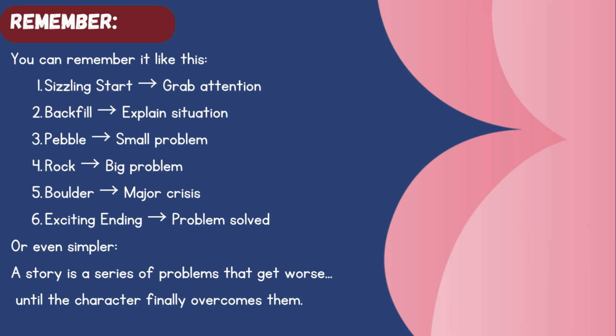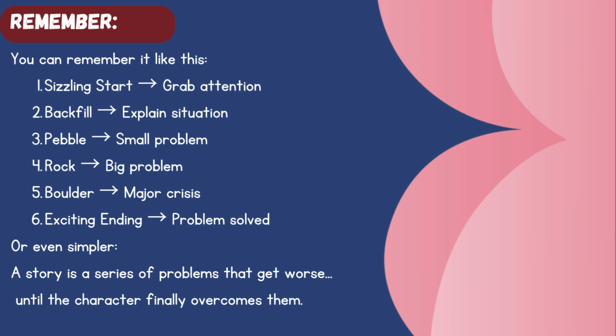If you don't have a problem that gets worse and worse and worse, then it doesn't really add to your pebble, rock and boulder. Thorn number three: you need an ending that is meaningful. Don't just stop it. We don't want a happily ever after. We want some sort of growth or maybe a shocking ending as well. Thorn number four: you don't want a crisis, that's your boulder, that feels small.